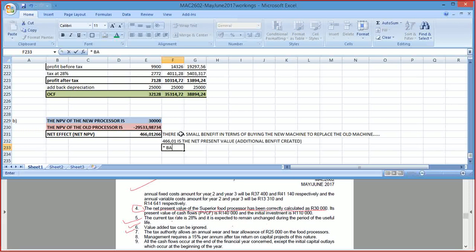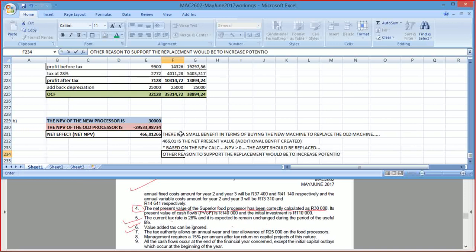Asterisk: based on the NPV calculation, NPV greater than 0, the asset should be replaced. Other reasons to support the replacement would be to increase potential capacity.